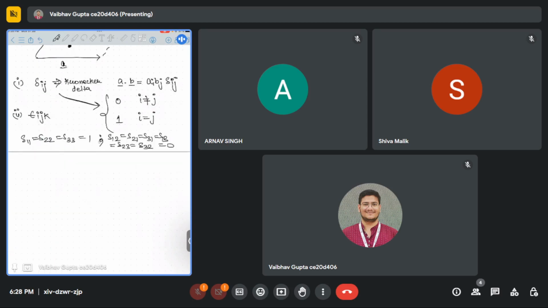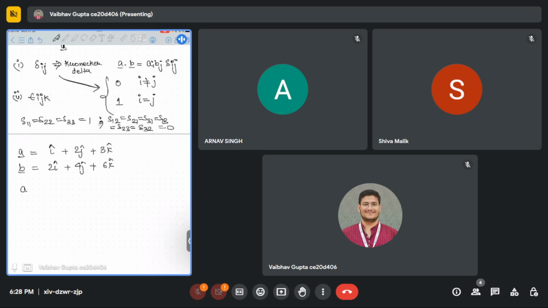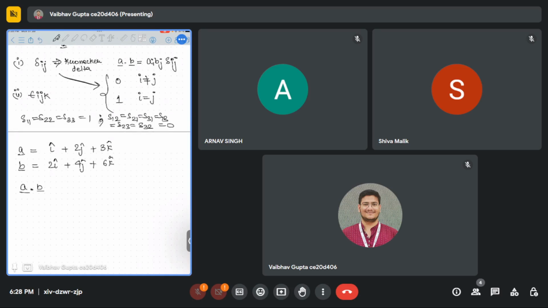We'll see an example. Suppose two vectors in which A vector is equal to i cap plus 2j cap plus 3k cap, and B vector we write as 2i cap plus 4j cap plus 6k cap. So what is A dotted with B?